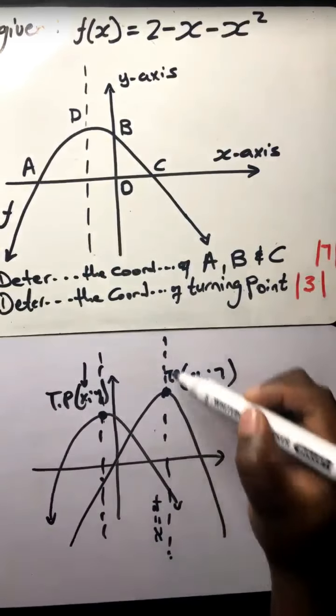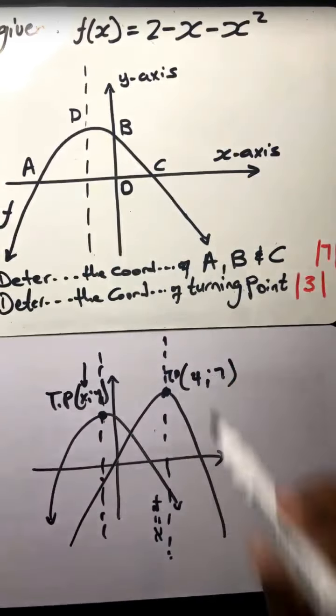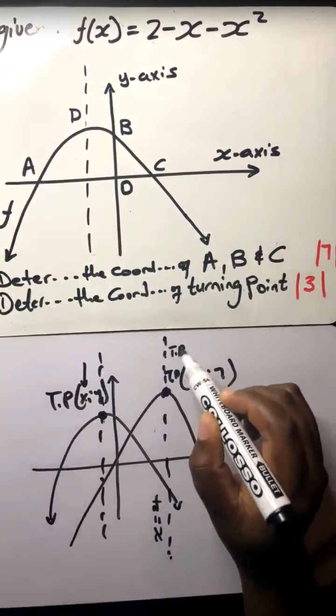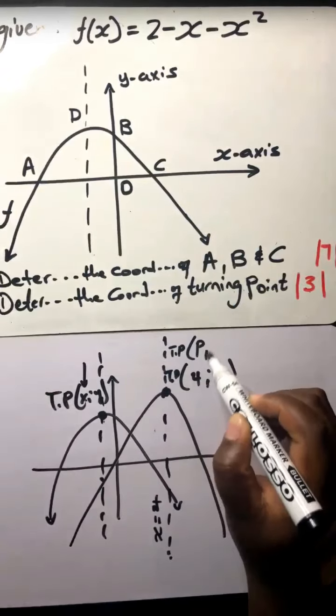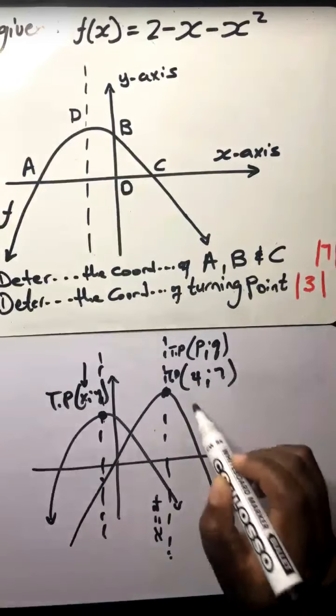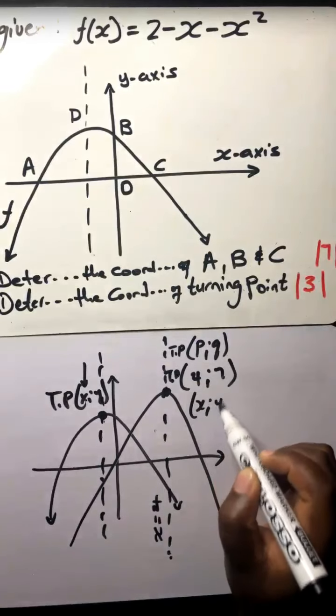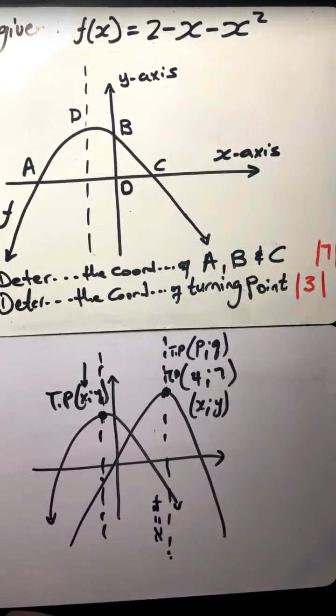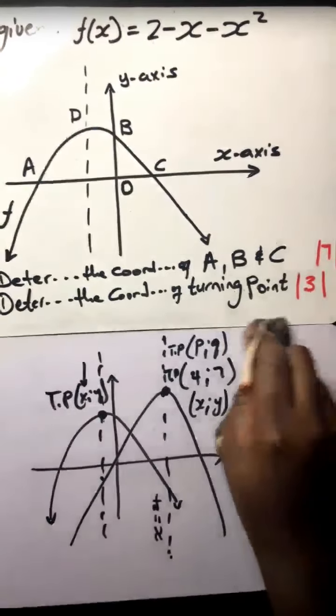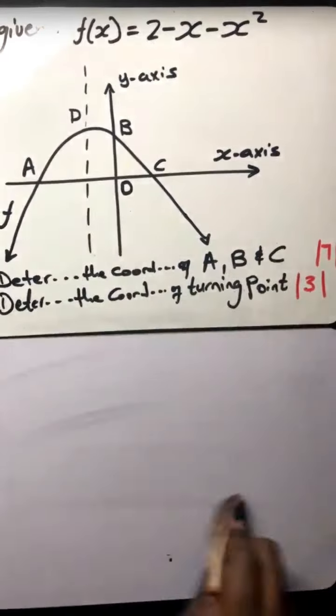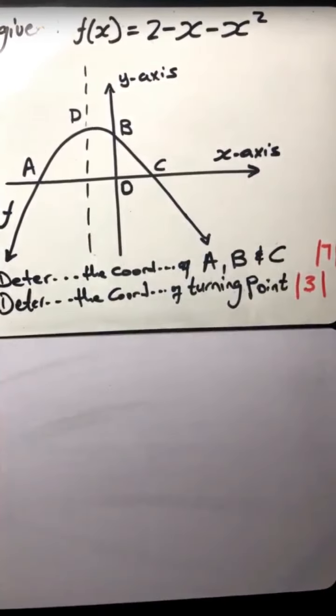Because 4 is the x value of the turning point. And remember, turning point, this is P, this is Q. Or otherwise, this is x, this is y. So I think now let's try to answer questions based on that given graph.